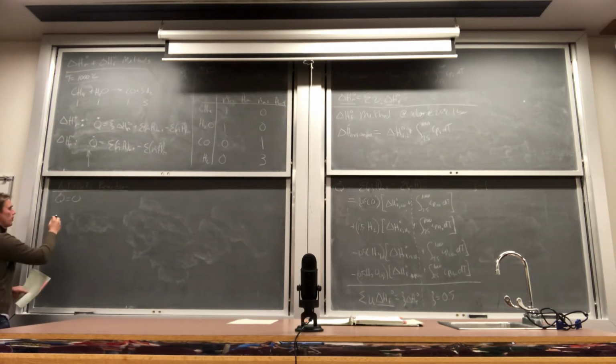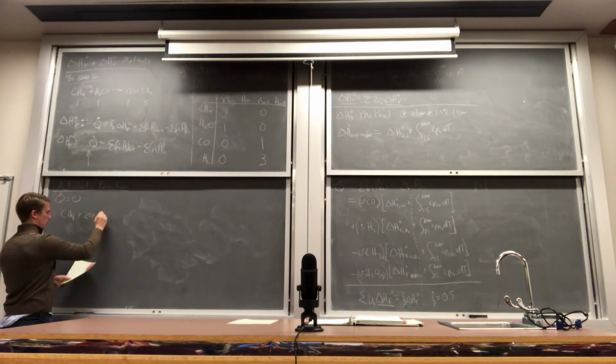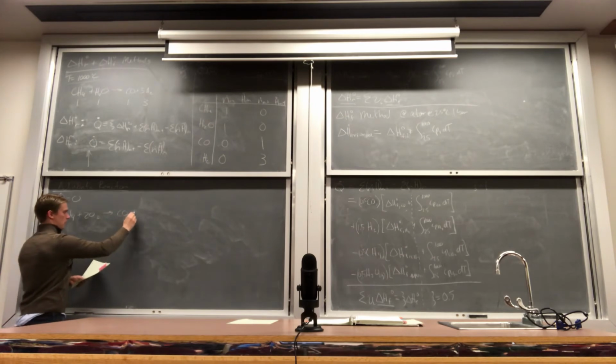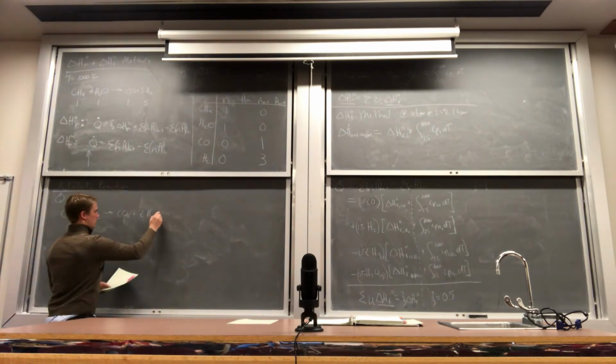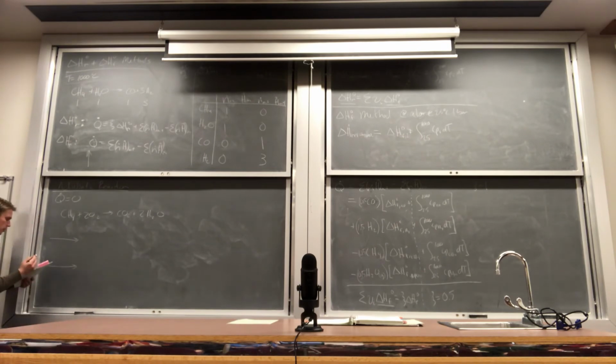So let's say, for example, we have a methane combustion reaction, and I am feeding, let's say, a Bunsen burner in the laboratory. So I have one CH4, one O2, in this case, let's just say it's moles per second.